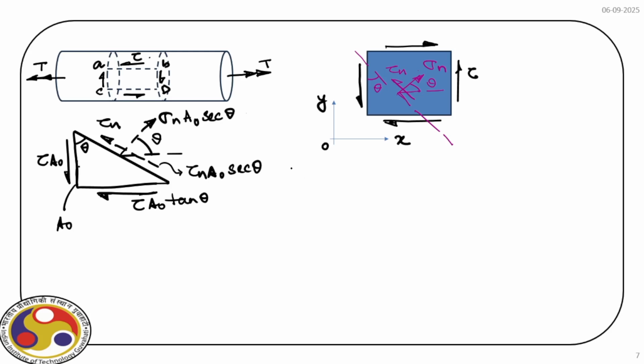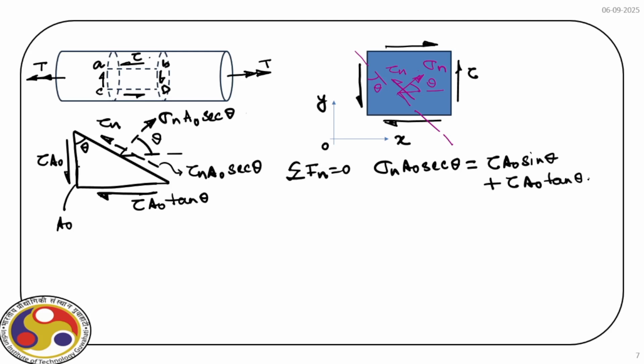So if we apply equilibrium along n, what we get? Sigma n A0 sec theta is equal to tau A naught sin theta plus tau A naught tan theta times cos theta.